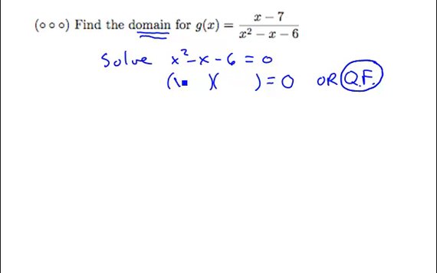In this problem, since I've got a leading coefficient of 1, I know x's belong in both of these places. So when I multiply this out, I'll have an x squared. I want to end up with a negative 6 when I multiply the two constant terms together. So I'm looking for either a 1 and a 6 or a 2 and a 3. And since this is negative, the signs on these two numbers will have to be opposite.